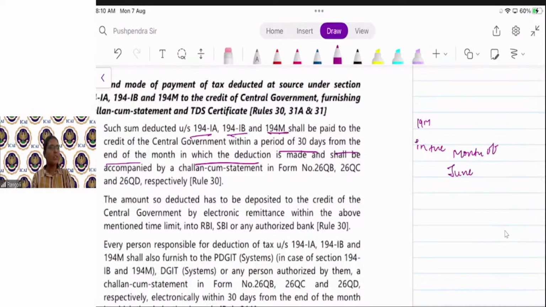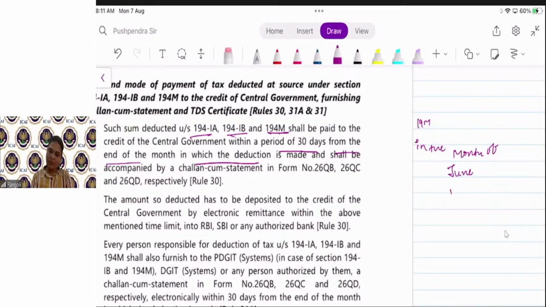To those individual and HUF to whom section 194C, 194H, and 194J is not applicable, and if they are making payment for contract, professional services, or commission more than 50 lakh rupees, then they need to deduct TDS under section 194M. Simple.